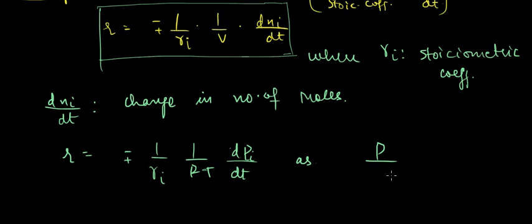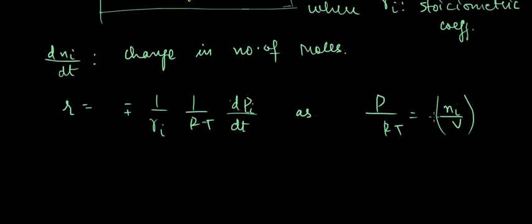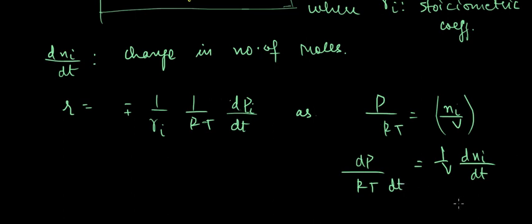We know that P upon RT can be written as Ni upon V. So from this, 1 upon V dNi by dt can be written as dP by RT dt. So I'm just putting the value of 1 upon V dNi by dt as dPi by RT dt here. So R can also be written as this.